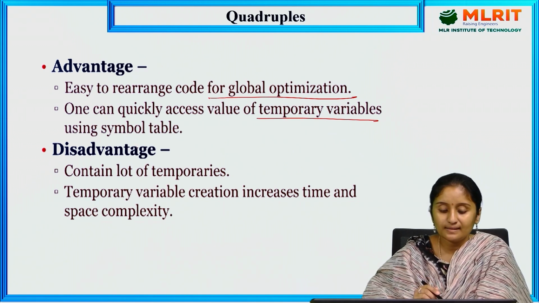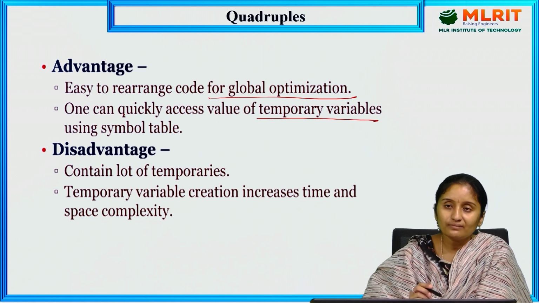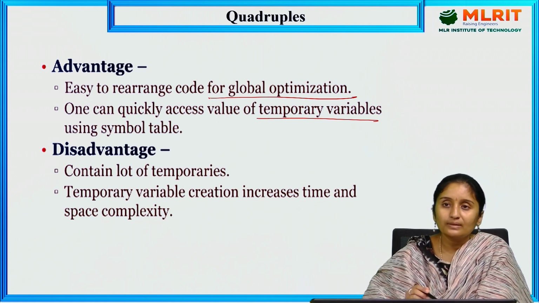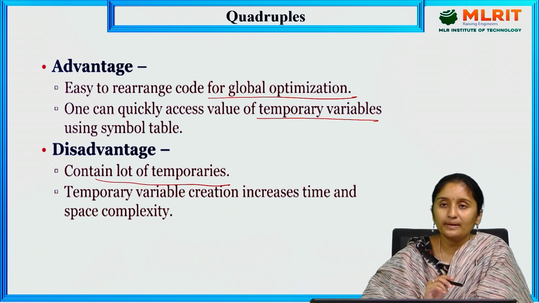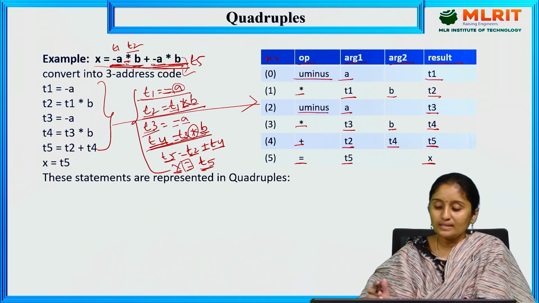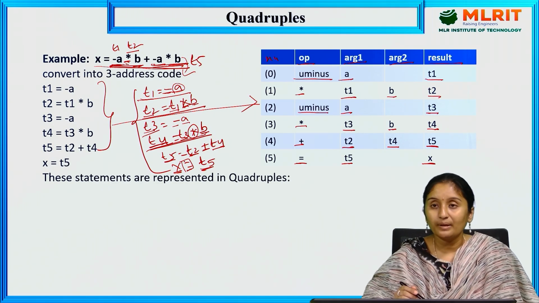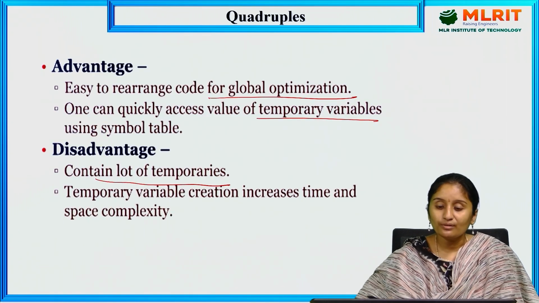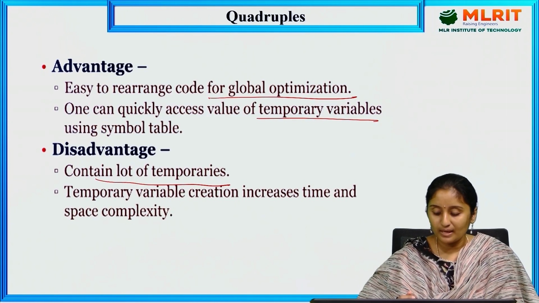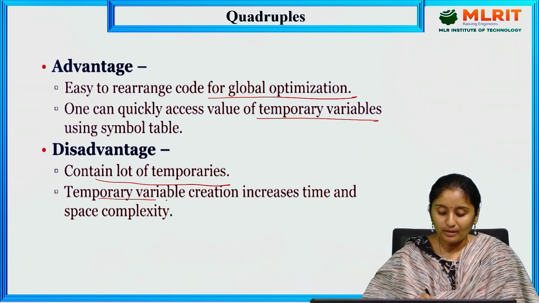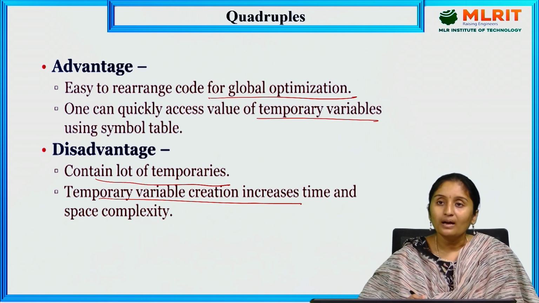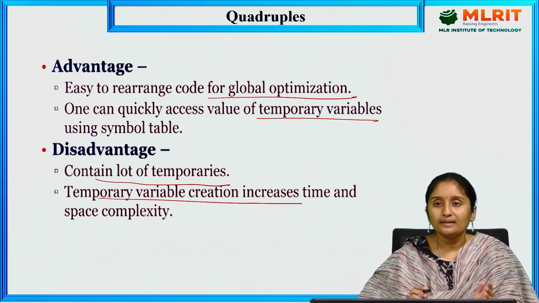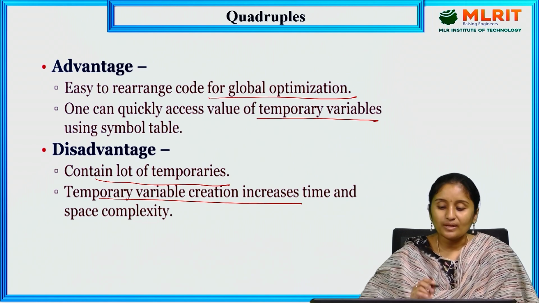These are the advantages. Coming to the disadvantages of using these quadruples, we have a lot of temporary variables. According to this example, we have 5 temporary variables. We are going to create temporary variables, and a lot of memory is occupied. Temporary variable creation increases time and space complexity, and it takes a lot of memory also. So, that is the disadvantage.